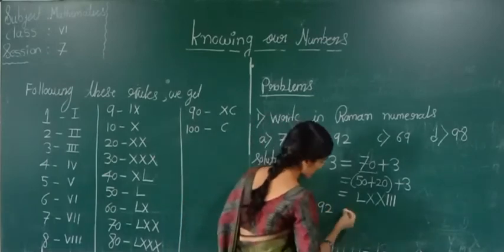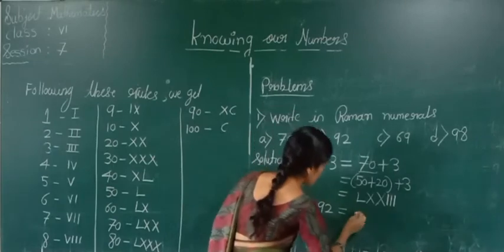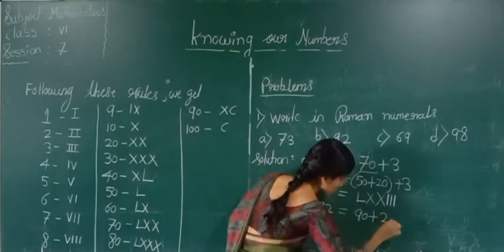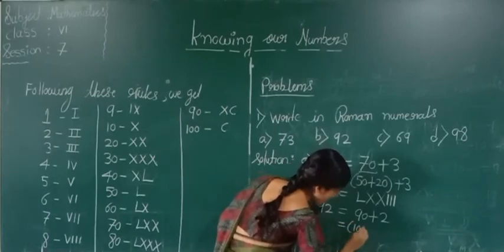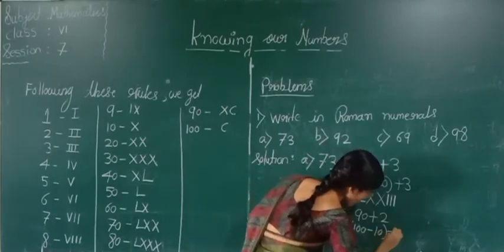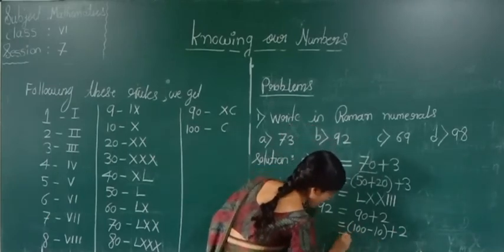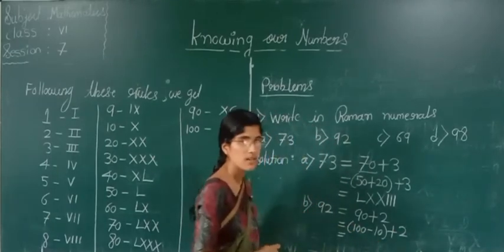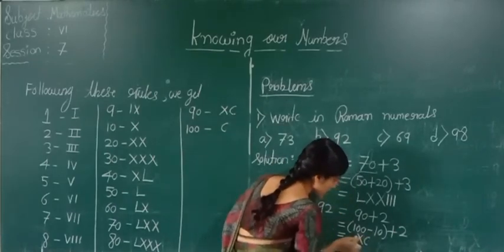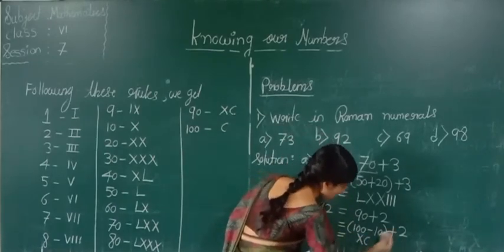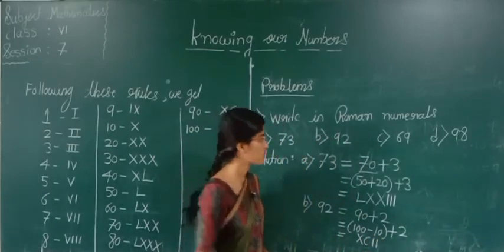How we can write 92? 92 can be written as 90 plus 2. 90 can be written as 100 minus 10 plus 2. How we will write 90 in a Roman numeral? XC, right? 100 minus 10 is 90. Here 2. This is nothing but 92.